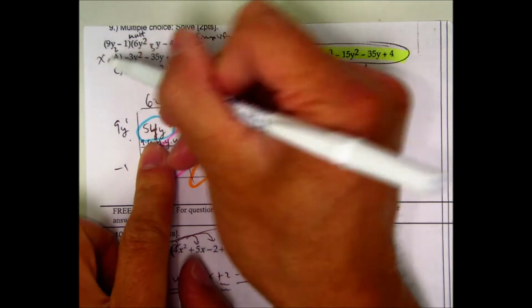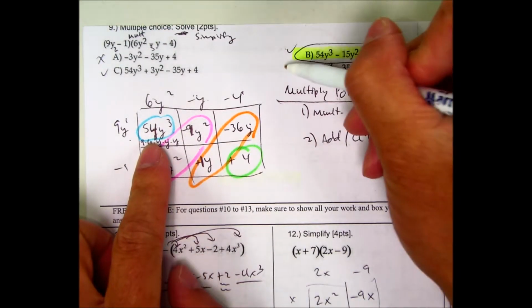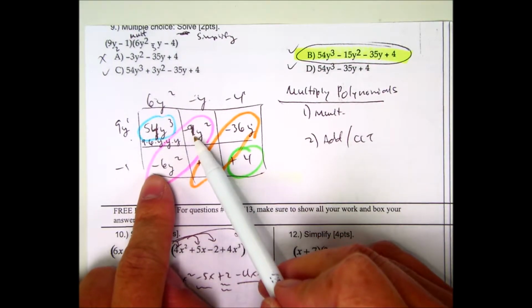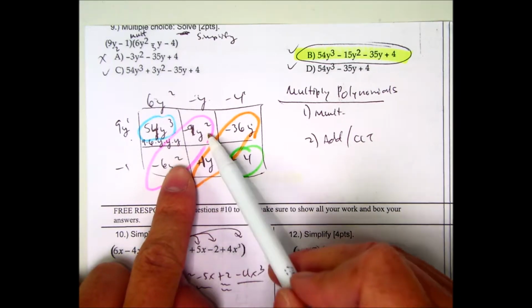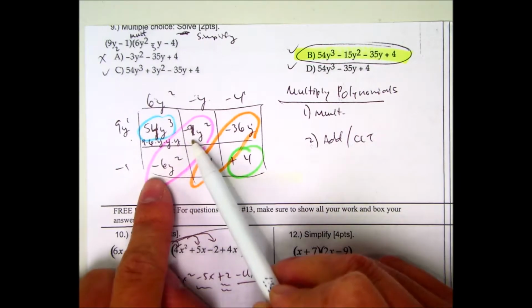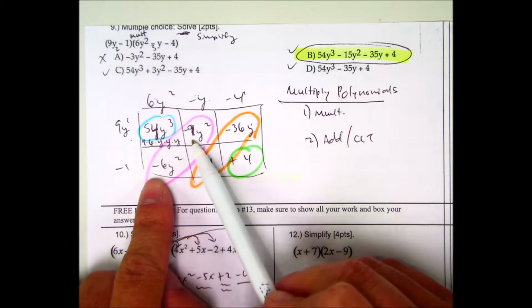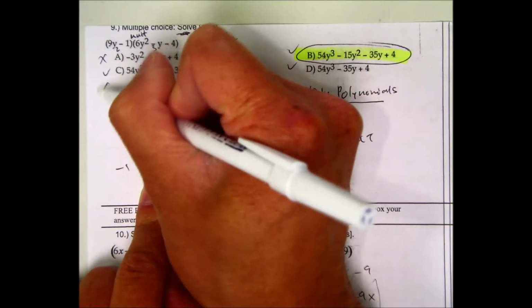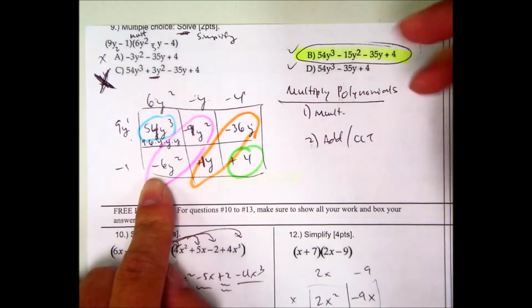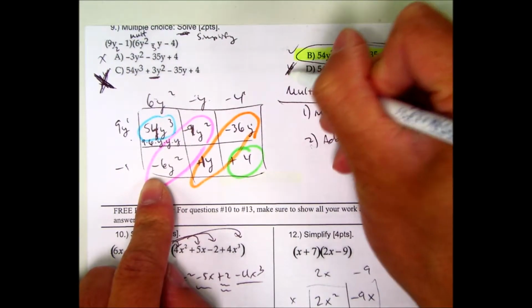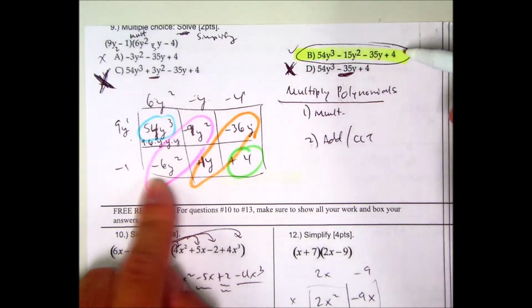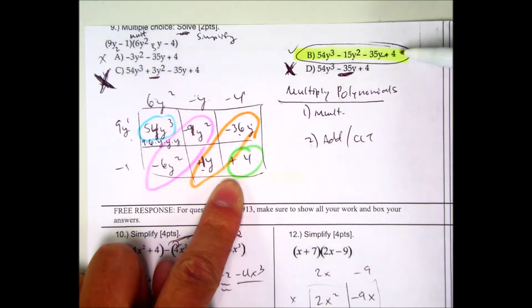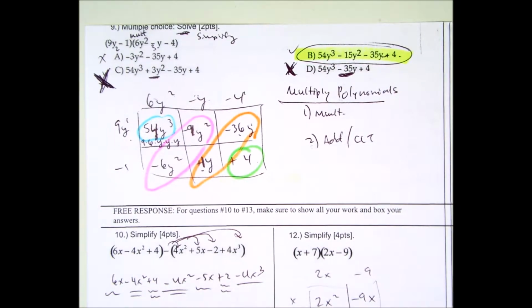Not A, could be C, could be B, could be D. If I take the ones in pink now, -6 and -9, remember you're not doing anything to the exponents, you're combining like terms, so you're just adding the numbers in front. -6 and -9 gives me -15. So this is not -15, so not this one. This one's not -15, so not this one, so your answer is B. Positive 1 and -36 gives you -35, and a 4 there. That one's only worth 2 points.